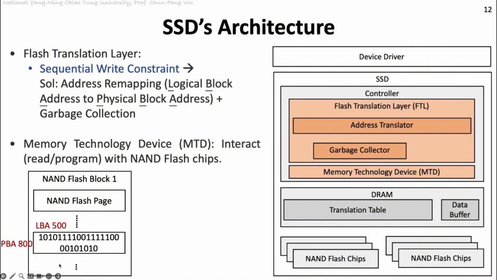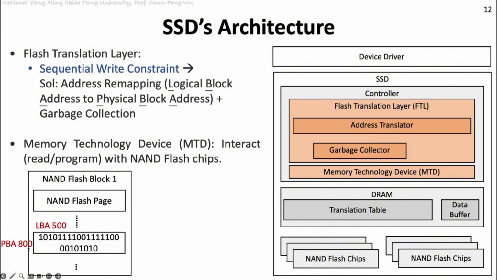So this is a virtual, logical block address. A virtual address is for the users or applications, and the real address on the SSD is called the physical block address, and both can be different. So LBA 500 can be mapped to PBA 800.